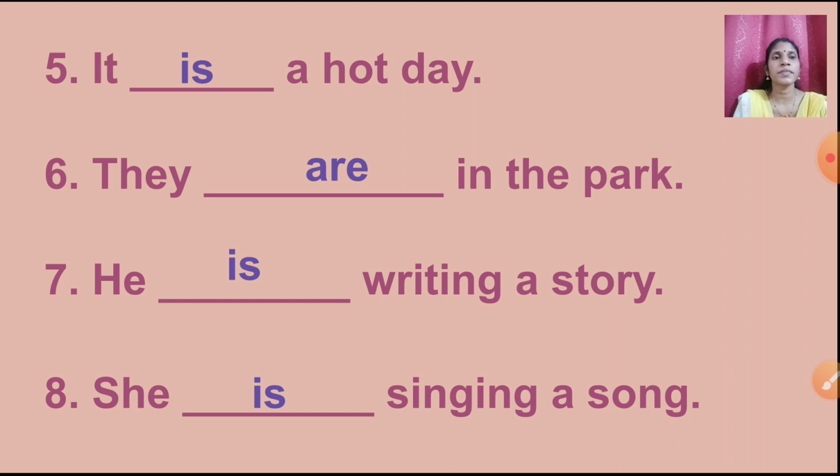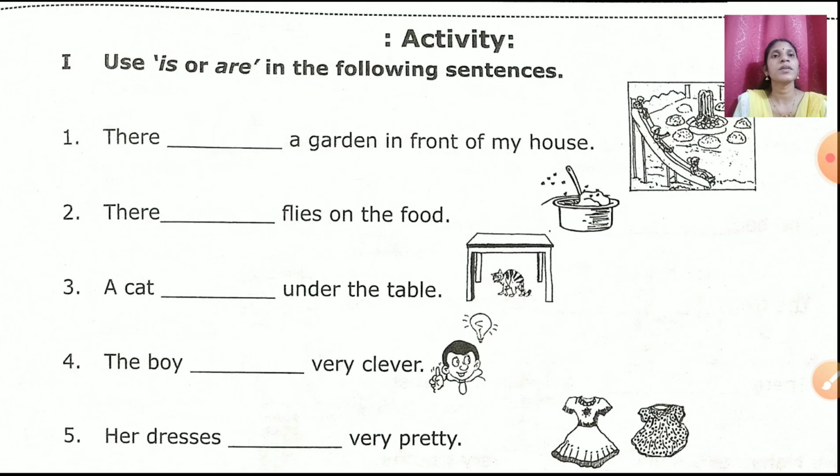Okay children, now let us go to this one grammar book. Now you have to open your grammar book, page number 27, lesson number 6. Be ready with page number 27 and lesson number 6.